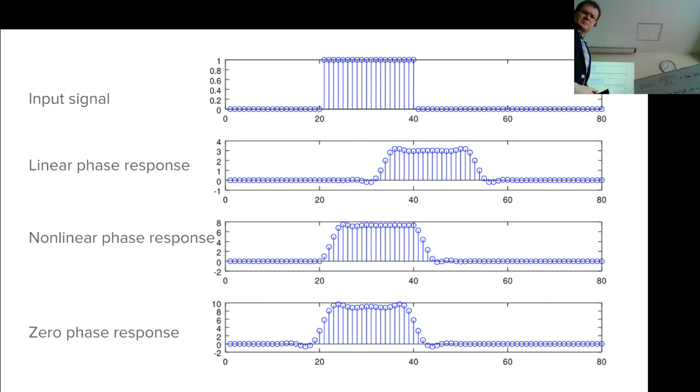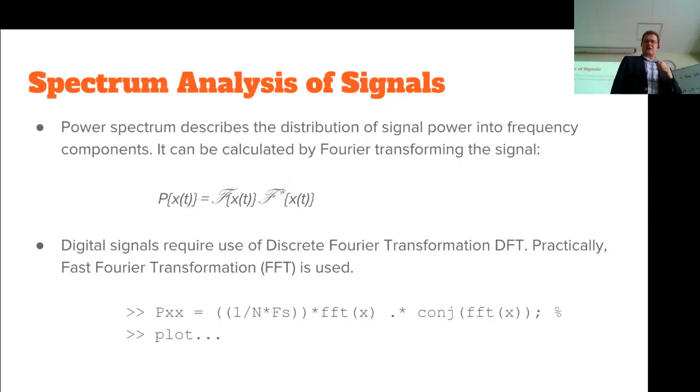Of course, when we are doing a system design, we also need to consider what our signal is, what the properties of our signal are. And that, I think, is already something you have done before. So, spectrum analysis of signals. So we have the power spectrum, which basically describes the distribution of signal power into frequency components, and that's done simply by doing the Fourier transformation.